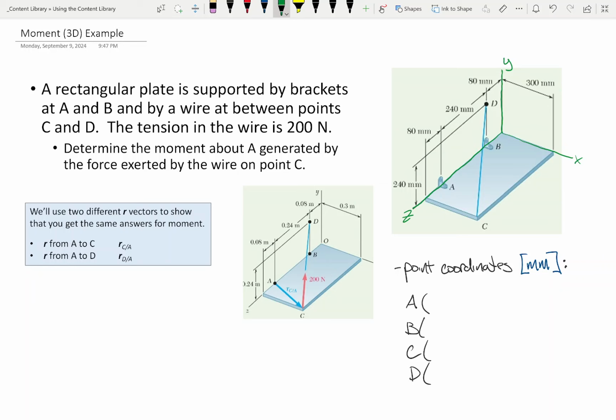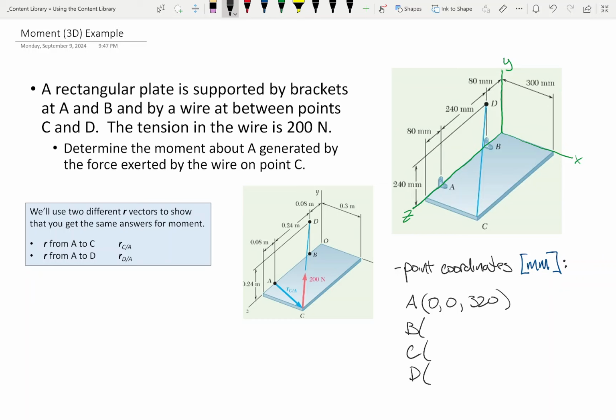Okay, so let's start off with point A. Can somebody tell me what the coordinates of point A are? Point A lies along the z-axis. I'll help you out with A. It's going to be 0, 0, then 320. Does everybody see that?